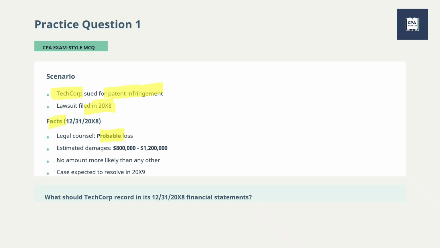Remember from our PRR rule, if it's probable, we record it. He gave us some estimate. He said it's going to be between 800,000 and 1.2 million. It's expected to resolve in 2009. And the question is asking us, what should Tech Corp record in its year 8 financial statements?